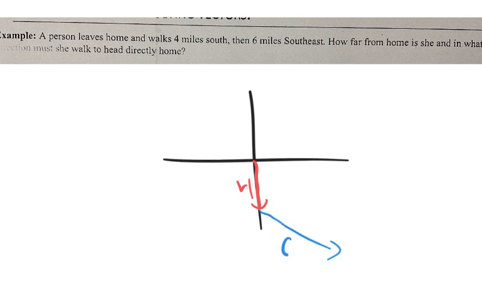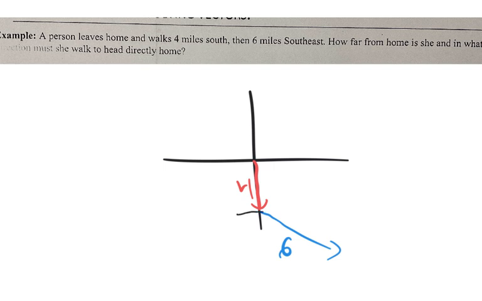A person leaves home and walks 4 miles south, and then 6 miles southeast. Because it doesn't tell me, I'm assuming it's directly southeast.